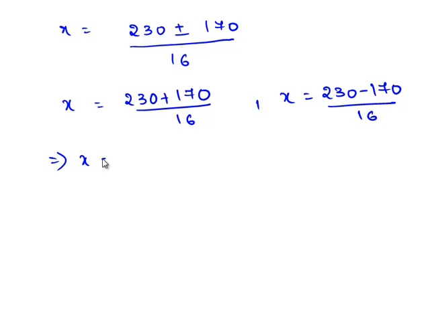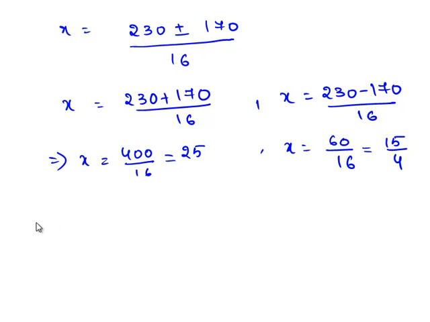So this implies x is equal to 400 by 16, which is 25, and x is equal to 60 divided by 16, which on simplification is 15 divided by 4. Therefore, the two roots of the quadratic equation that we have obtained are 25 and 15 divided by 4.